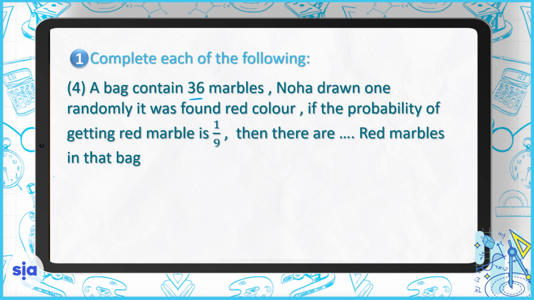We know that the probability of red, which is 1 over 9, equals the total number of red divided by the total number of all the marbles. So to find R, we're going to cross multiply, 36 times 1 divided by 9, so R equals 4. So Noha has 4 red marbles in that bag.